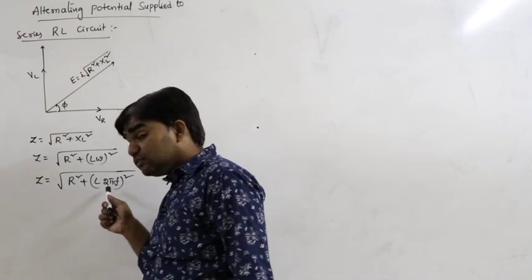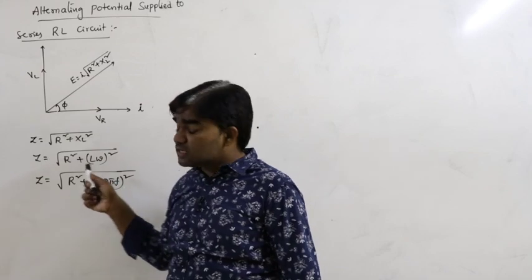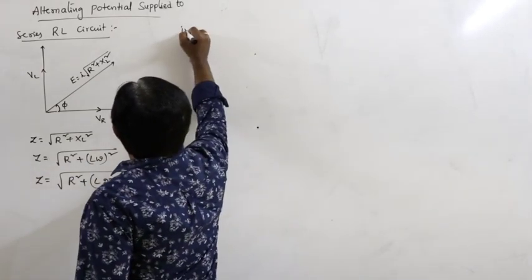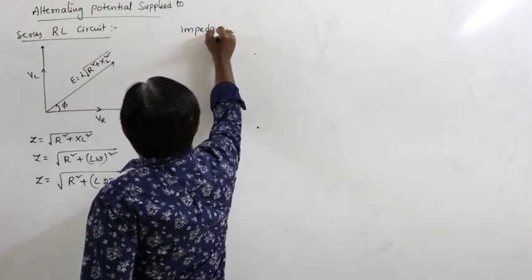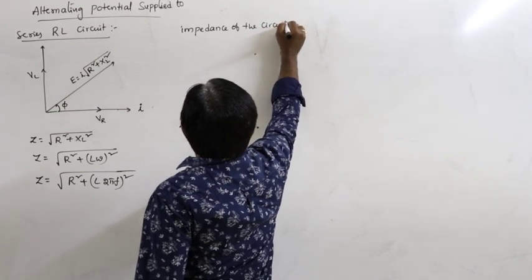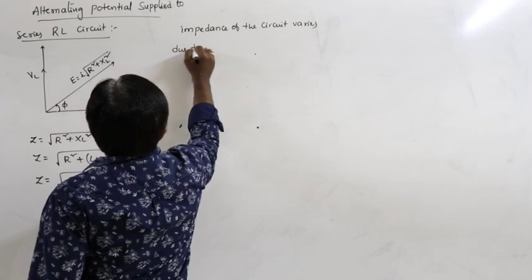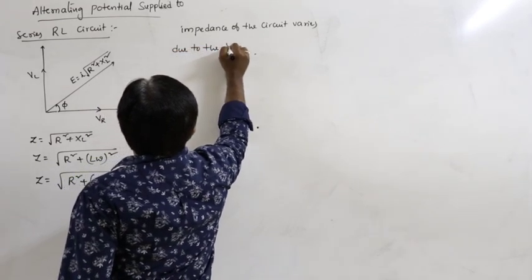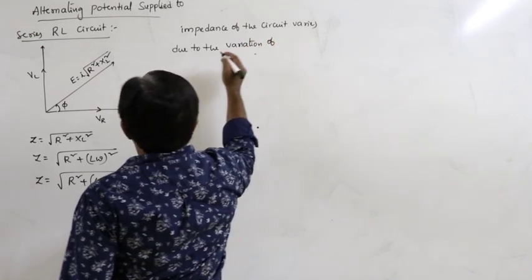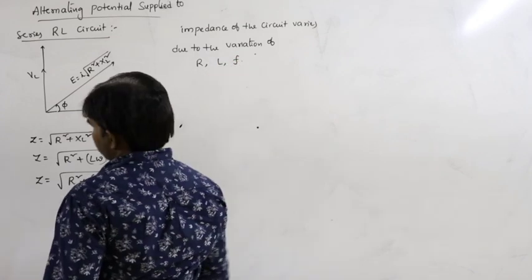Due to the variation of the alternating frequency, impedance also varies. So the impedance of the circuit varies due to the variation of resistance, inductance and alternating frequency.